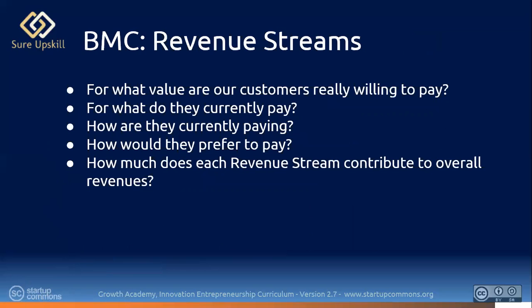Then we look at the revenue stream. This is the final fifth box on the right side of how we deliver to the customer. The revenue stream is through a channel that we collect what we get in return for what we deliver. For what do they currently pay? So the customer, he pays for what?